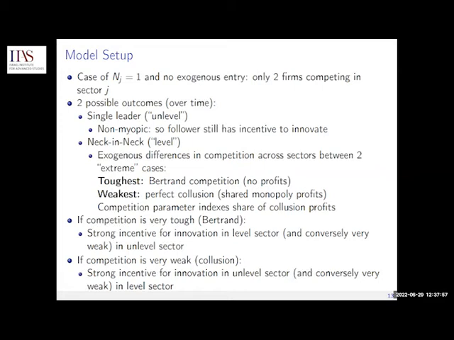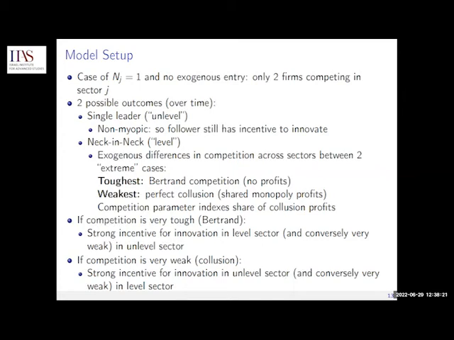They're either going to be neck and neck, right? Or one is going to be ahead of the other and is going to be the leader, and the follower still has the same probability of catching up to the leader. So you only have two possible outcomes, which in the paper they call unlevel when you have the single leader, or level when you have neck and neck.